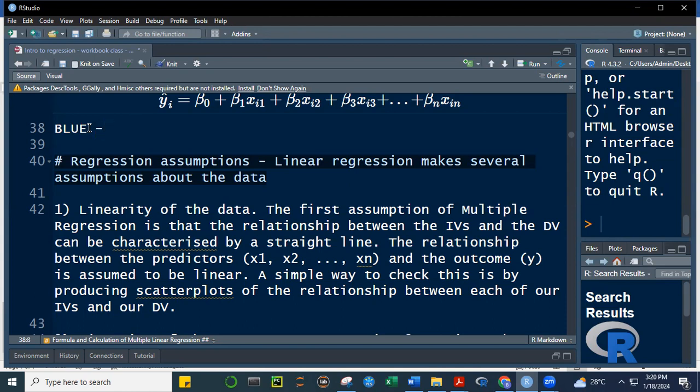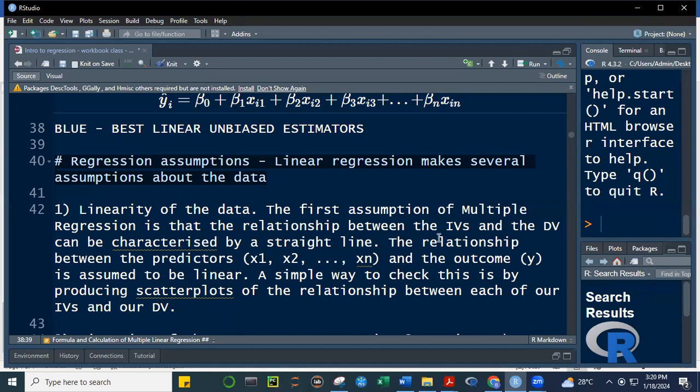Ano yung BLUE? This should be the best linear unbiased estimators. So dapat yung mga coefficients natin, BLUE dapat yan. Best linear unbiased estimators. And that can only happen, class, if there are certain assumptions that are followed.